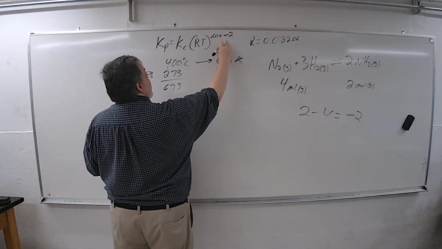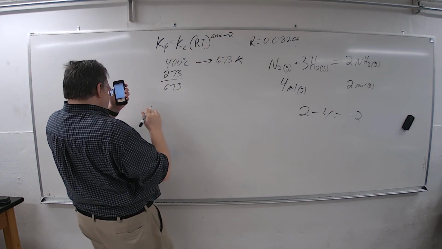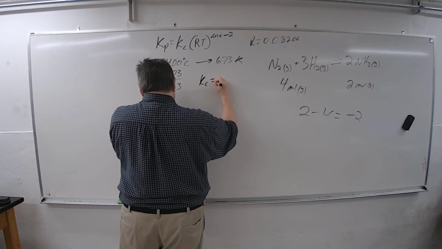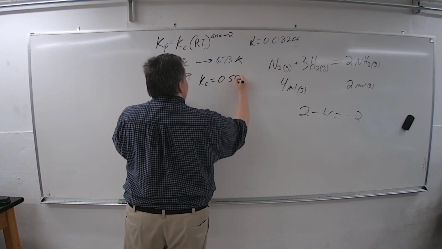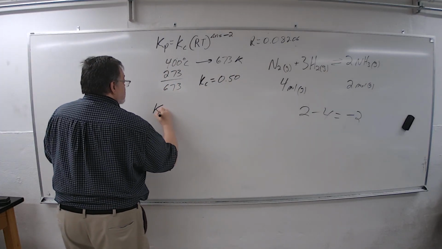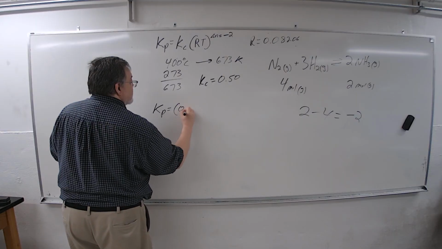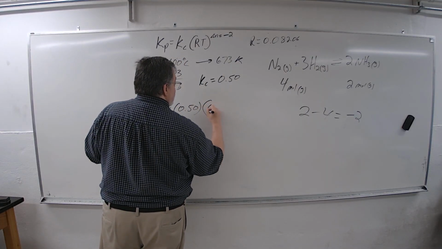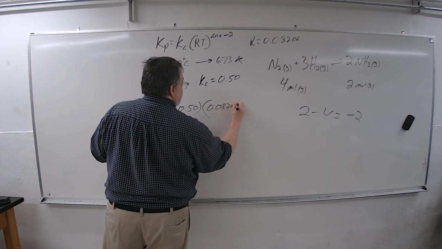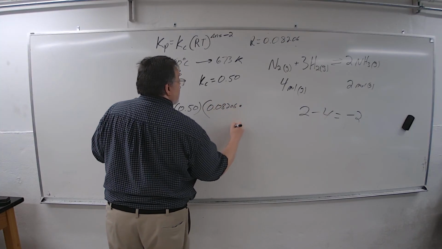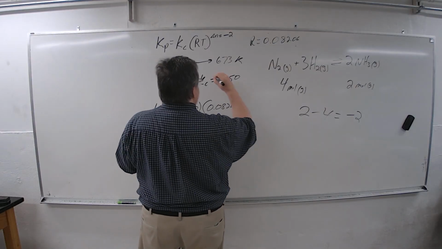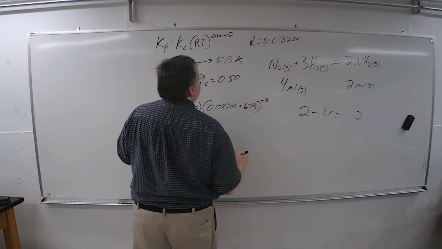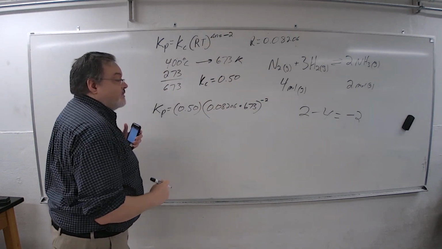So we have R, we have a negative 2, and we're given Kc. We're also told that Kc equals 0.50. So Kp equals 0.50, Kc, times 0.08206 for R times 673 to the negative 2, to the delta n.